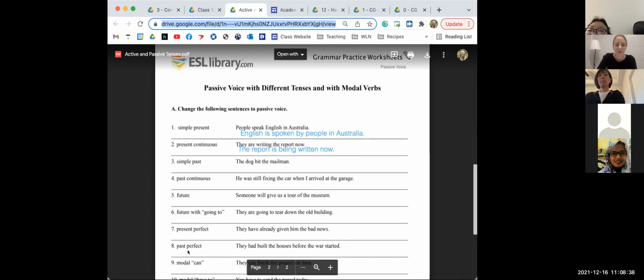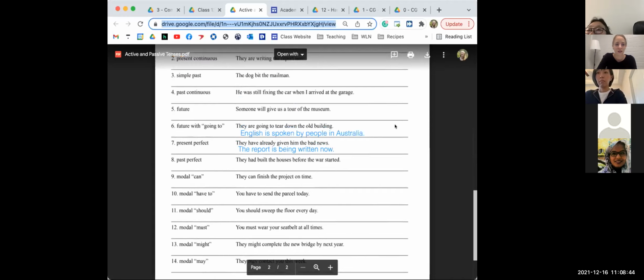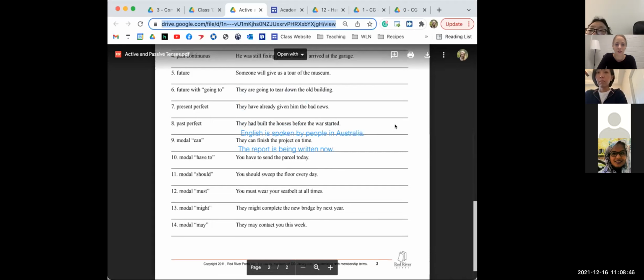All right. So for these next couple of questions, let's do an example with one of our modals so you can see the example with the modal. Let's do number 9 together. Number 9, we have the modal can. They can finish the project on time.